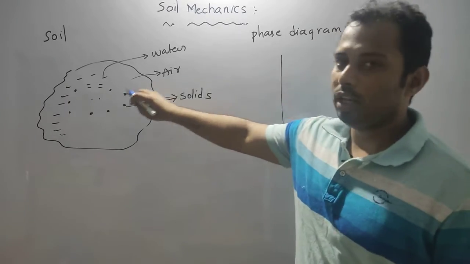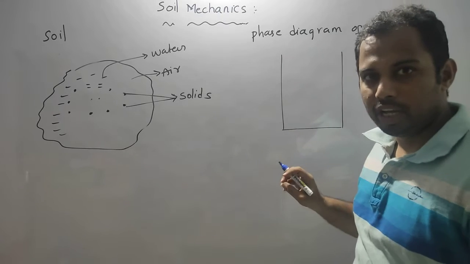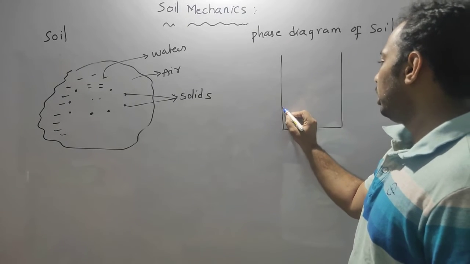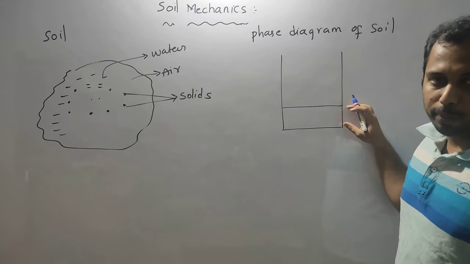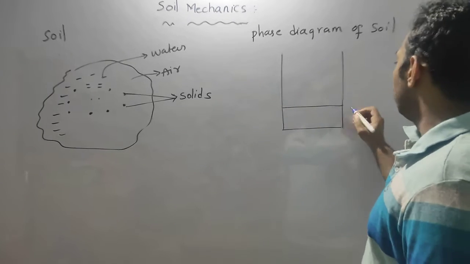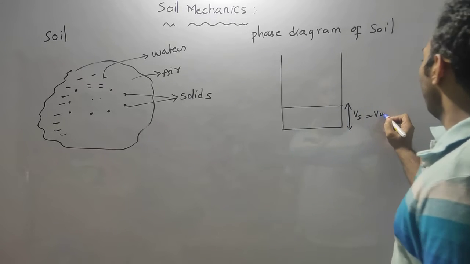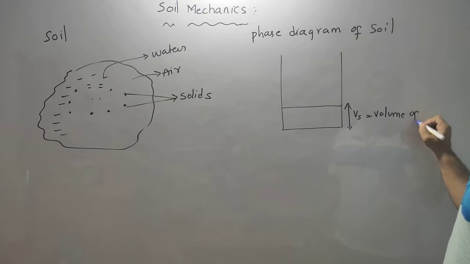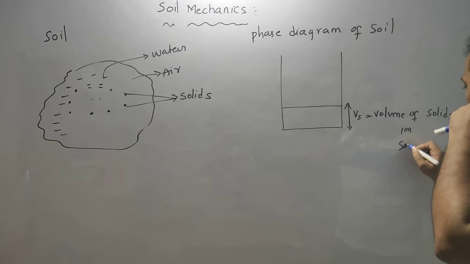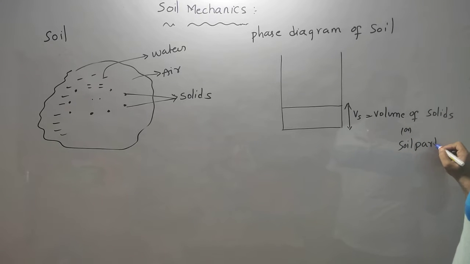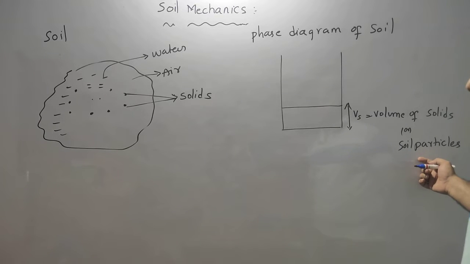Now I will bring all the solids and drop them in the cylinder. Then this much volume is occupied by these solids. So this is the volume of solids, or we can say soil particles.